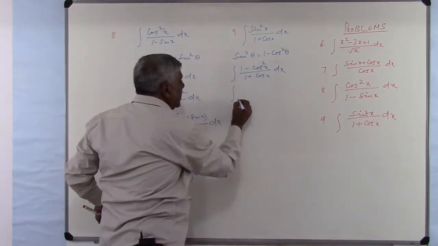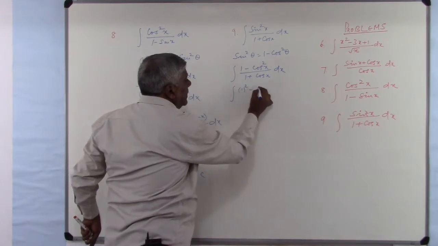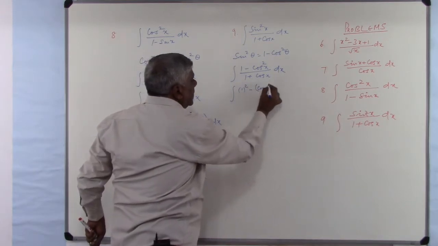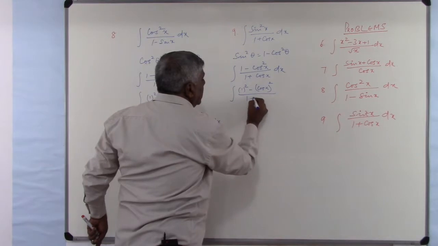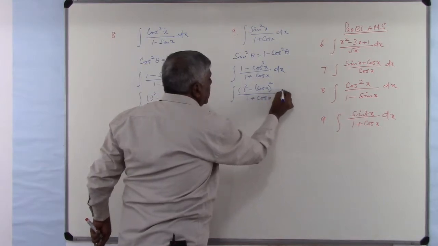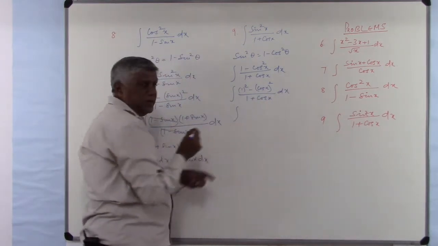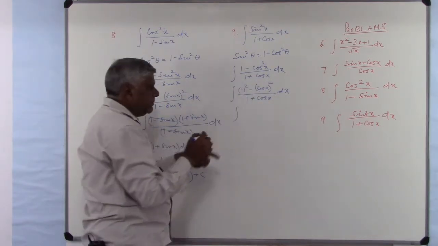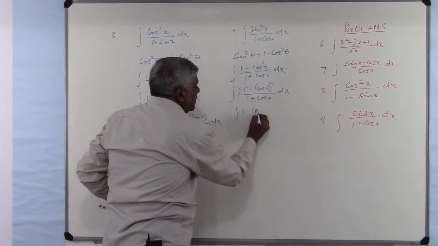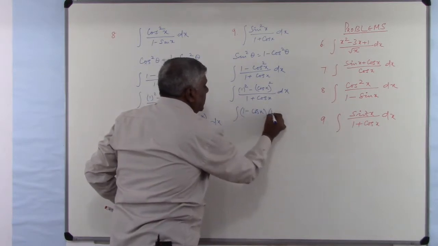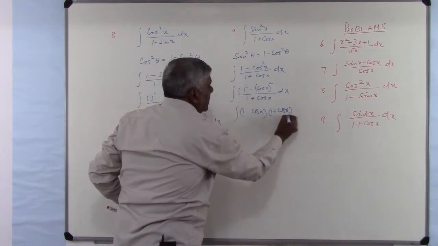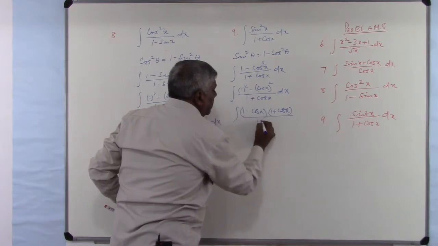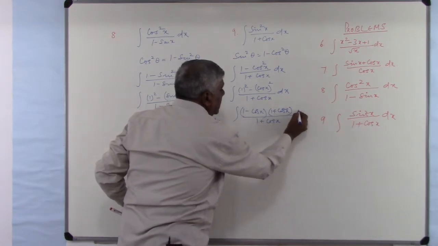Now we can write this as 1 whole square minus cos x whole square divided by 1 plus cos x into dx. Here you can see this is a square minus b square, a plus b into a minus b. So 1 minus cos x into 1 plus cos x divided by 1 plus cos x into dx.